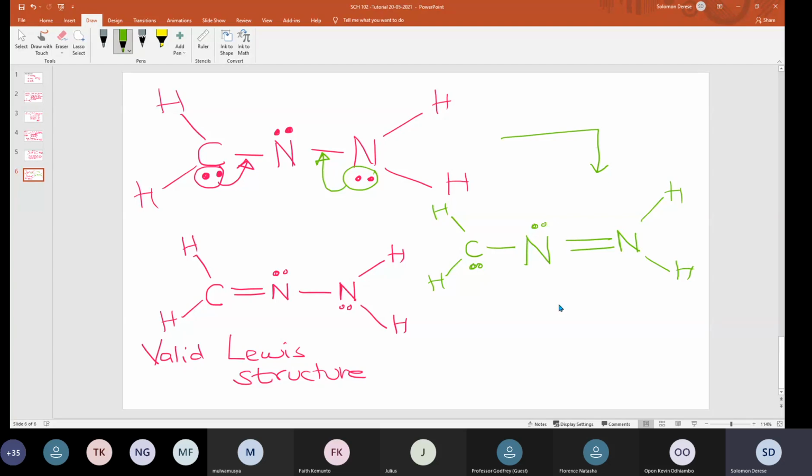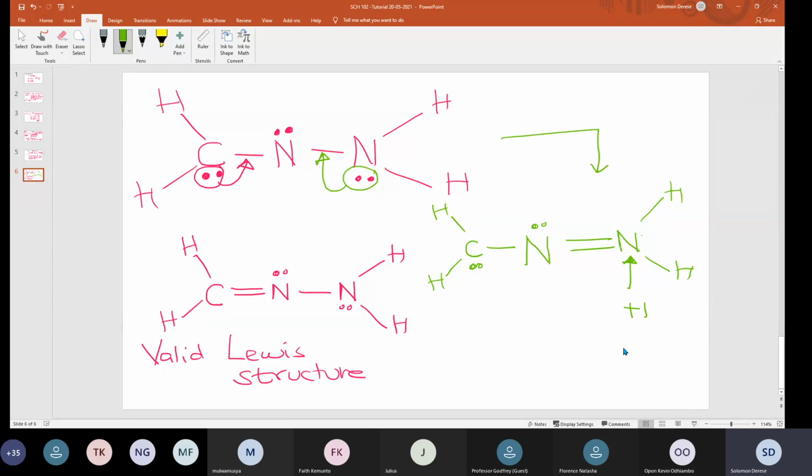But if you look at this one, this nitrogen, instead of the usual 3 bonds, it has formed 4 bonds. And if you calculate the formal charge on the nitrogen, you'll find the charge on this nitrogen is +1.